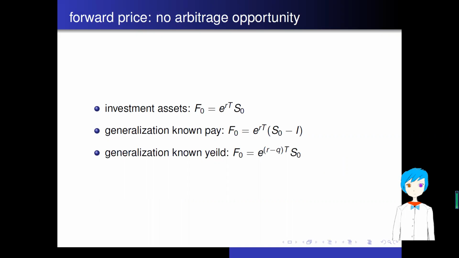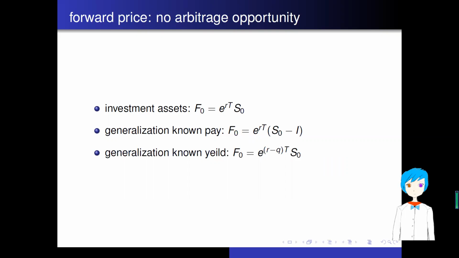So when it comes to determining forward contract prices, one thing that we should bear in mind is that there is no arbitrage opportunity, which means that for investment assets, if there is no arbitrage opportunity, then the forward contract price F0 is e to the power RT times S0, where S0 is the spot price and R is the risk-free interest rate.